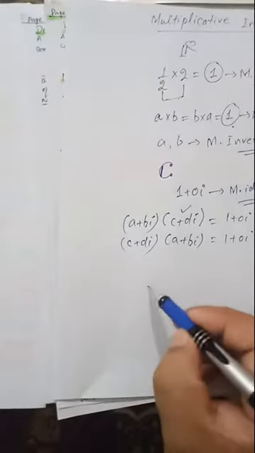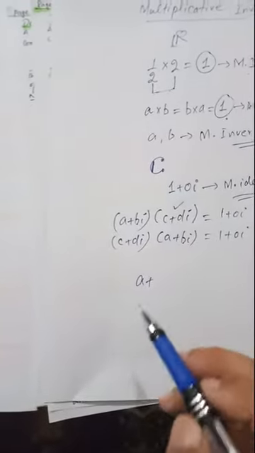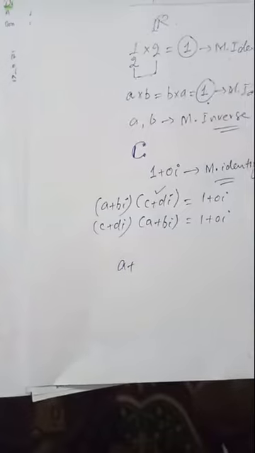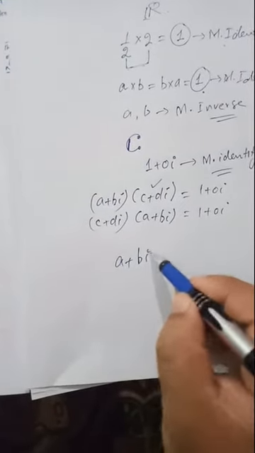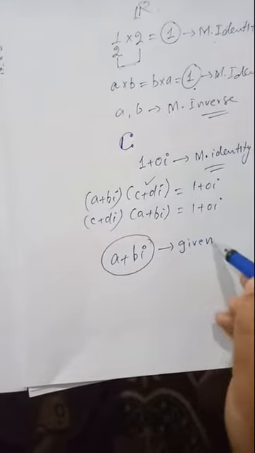This is an important definition. Once again I am repeating it. I am finding the multiplicative inverse of a given complex number a plus b iota. Please focus on this definition.